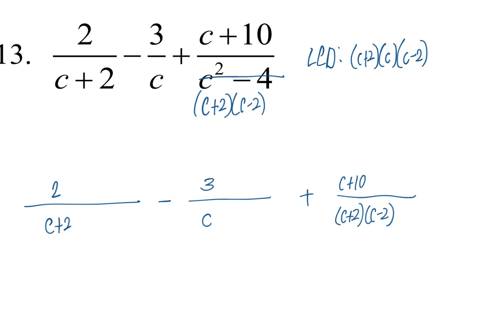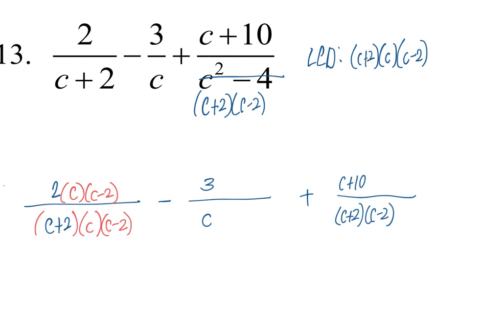So the first denominator to the far left, the C plus 2, what's it missing? It's missing factors of C and C minus 2. What you do to the bottom, you must do to the top. Okay, right here, the factor of C. What's it missing?